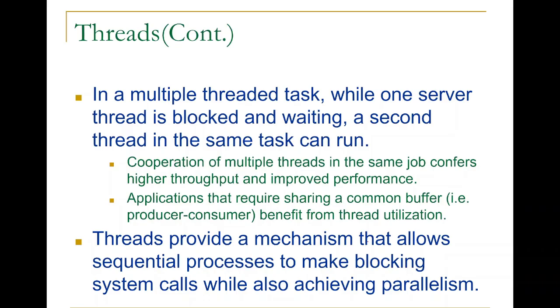Now, in a multi-threaded task, while one server thread is blocked and waiting, a second thread in the same task can run. So you can have multiple threads, 3 threads, 4 threads, and maybe while thread 1 is running, thread 2 needs to wait because it needs a process, but thread 3 does not need anything.